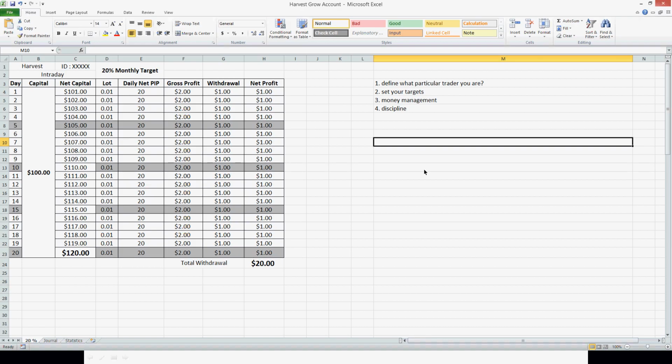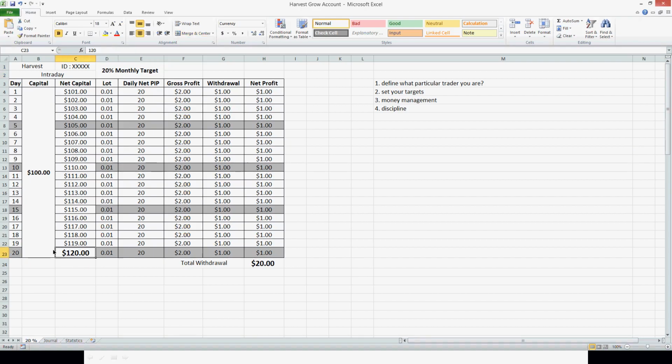I would probably be able to achieve 20 or 30 pips a day, but in this sense, I want to grow my account and be able to withdraw at the end of the month while growing my account. So I start with $100, and on a monthly basis I want to grow my account by a 20% monthly target. 20% of $100 is $20.